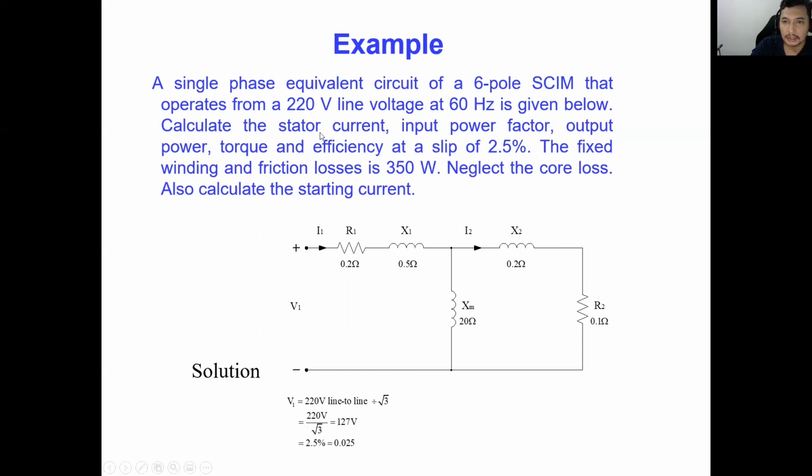Calculate the stator current, the input power factor, the output power, torque, and efficiency at slip equal to 2.5%, meaning S is equal to 0.025. The fixed winding and friction losses are 350 watts. Neglect the core losses and calculate the starting current.